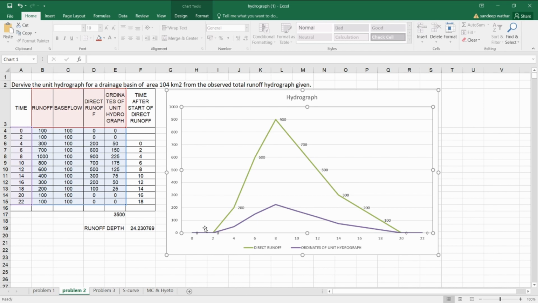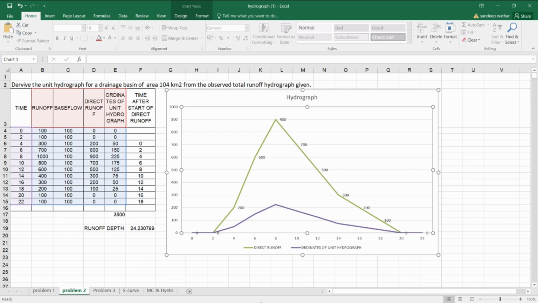The ordinates of the hydrograph consist of both base flow and direct runoff. If I separate out the base flow, whatever ordinates I get are the ordinates of direct runoff, where I'm deducting the base flow. Once I achieve this, the next step is to calculate the unit hydrograph.